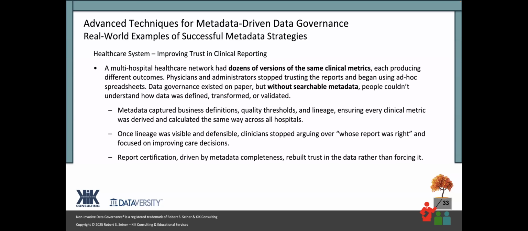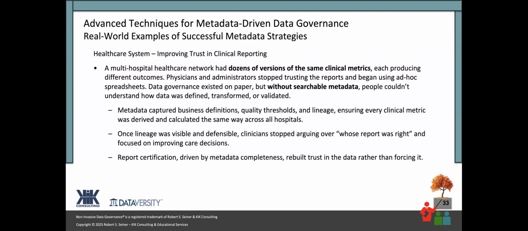Well, this is another example from a healthcare network where I was working directly for the chief medical officer, who told me that he had dozens of versions of metrics and that things weren't searchable. And they realized that they needed to take a more intentional route to defining what metadata was important, to producing that metadata, to making that metadata accessible to people so that it could be used.